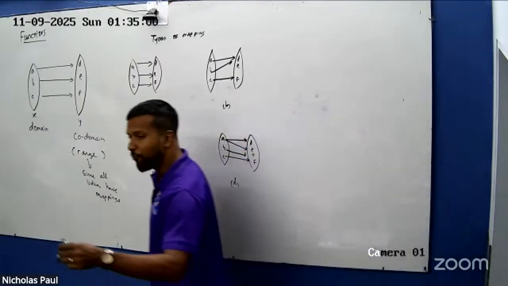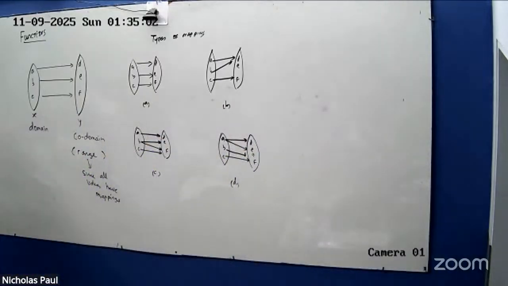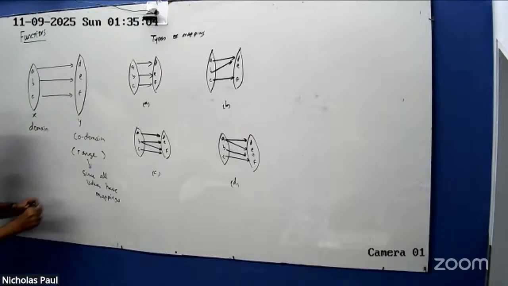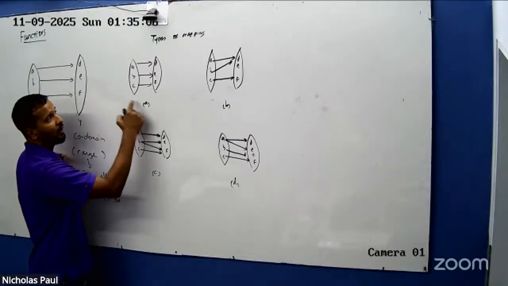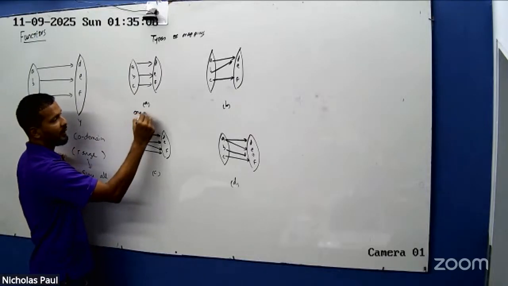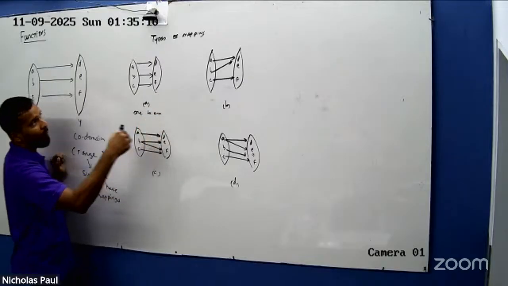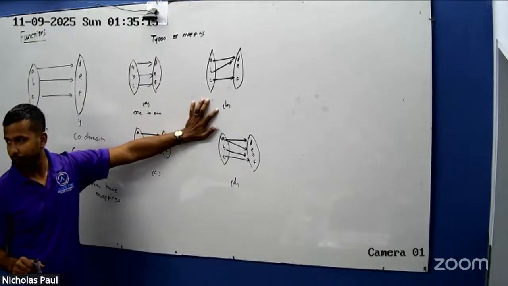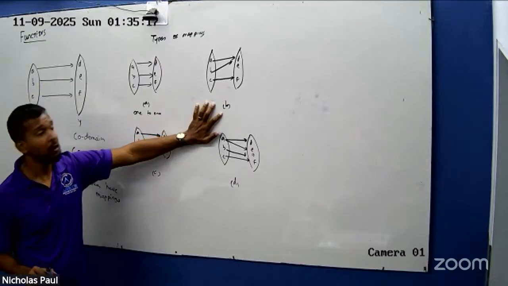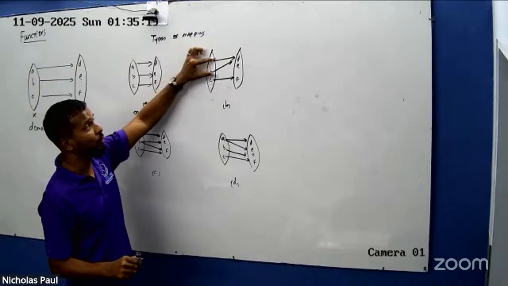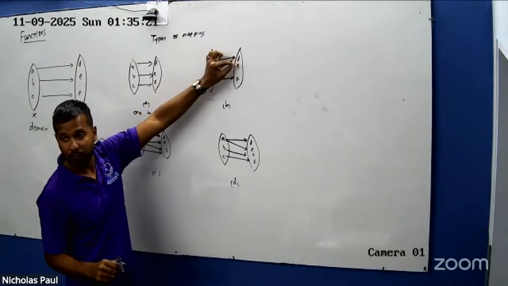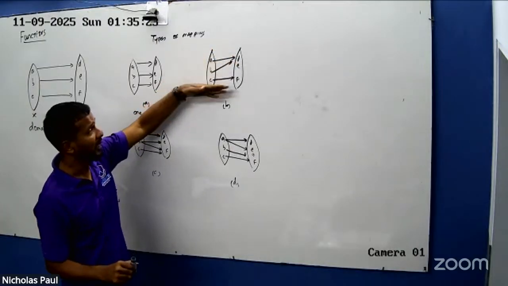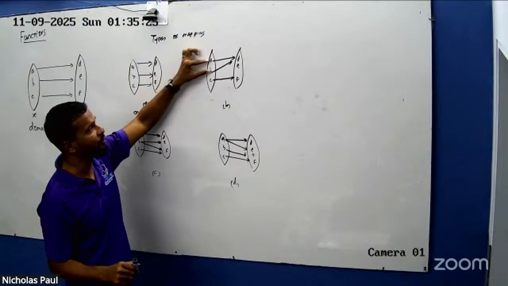So we have 4 types of mappings here. What's the first one? The first is a 1-to-1. What about the second one? Many values going to 1 value.